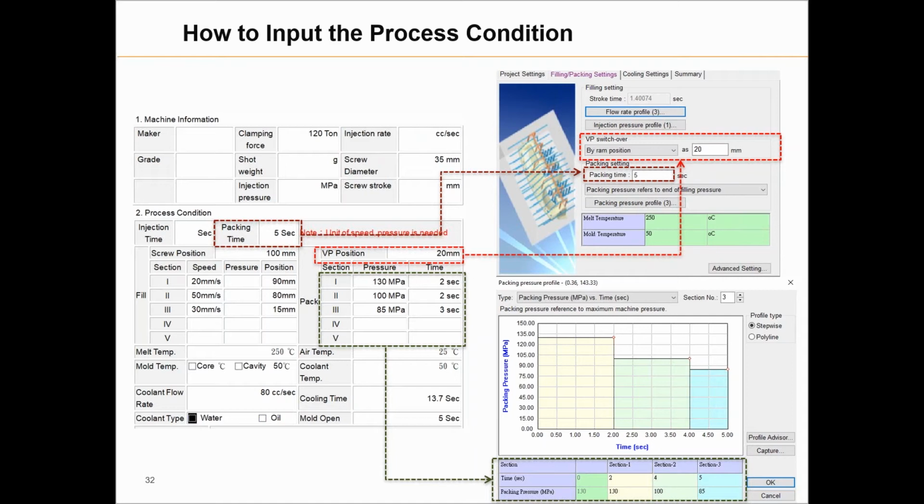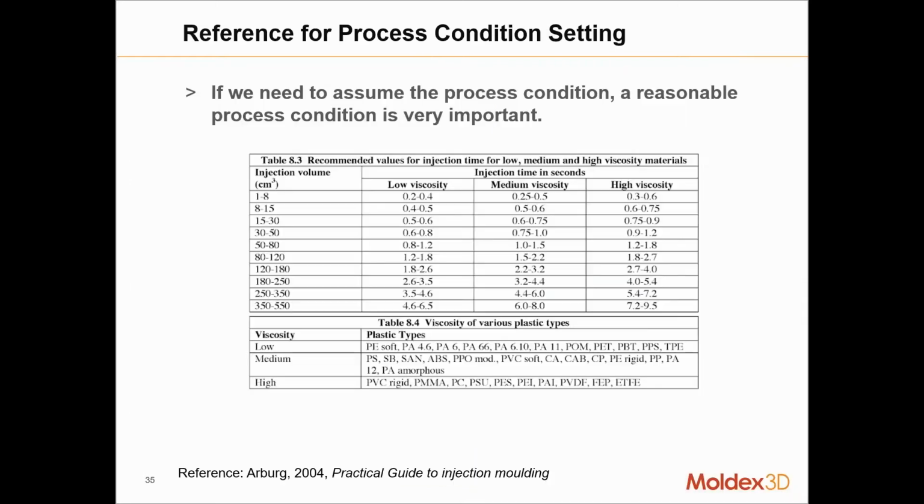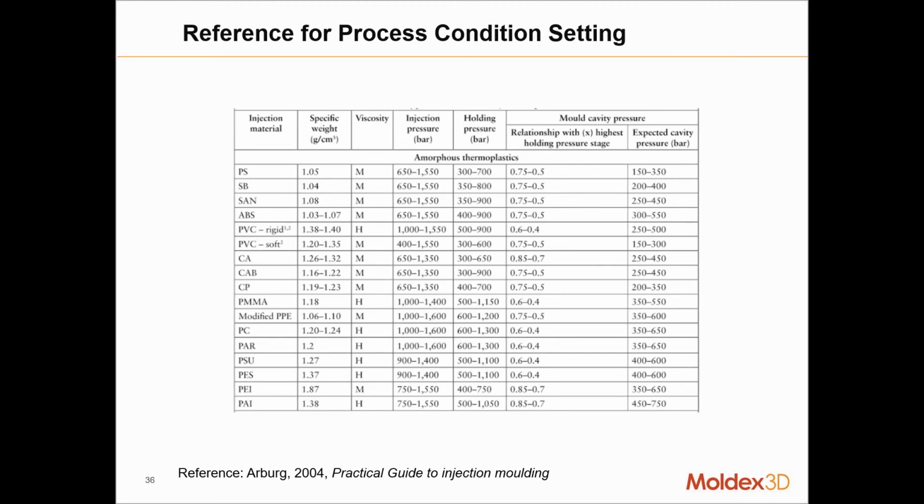I know there have been other webinars talking about such tips and tricks to start off with baseline processing conditions. So depending on the kind of material you're using, the kind of injection volume, etc., you can refer to such literature and start off with good baseline processing conditions.